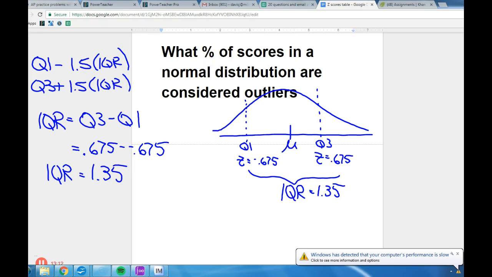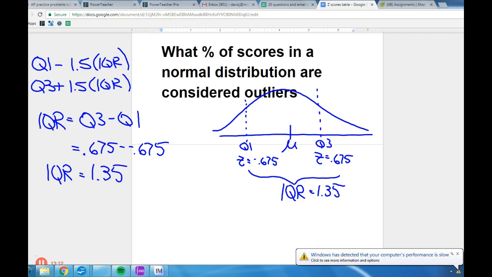Alright, so outliers. First we gotta find the IQR. And then we go 1.5 times the IQR below, not below the mean, right? But below Q1. So I start from here, and I go 1.5 times the IQR lower.